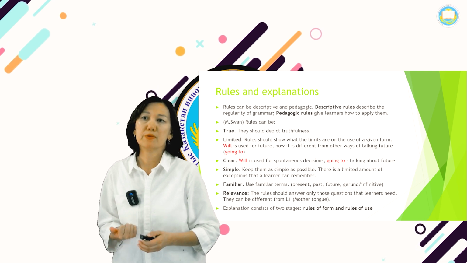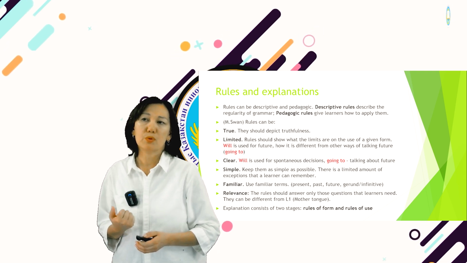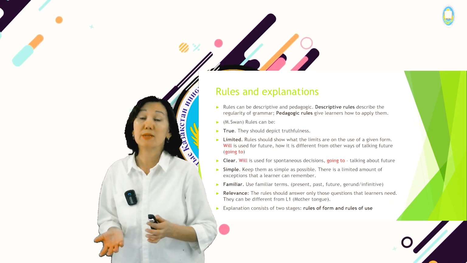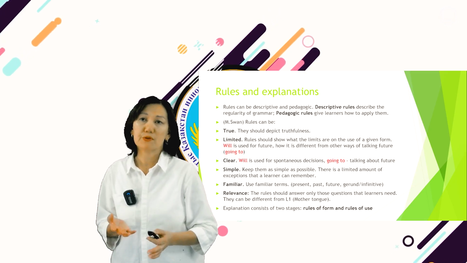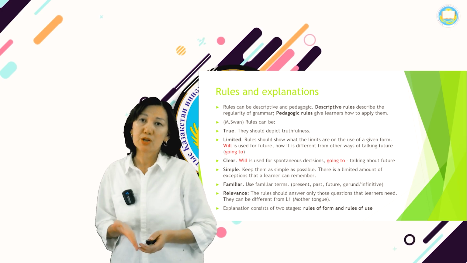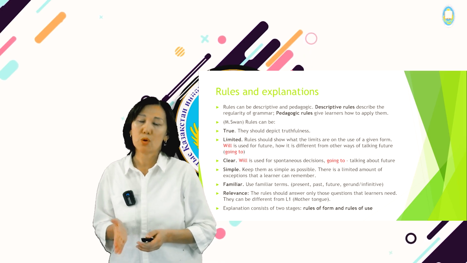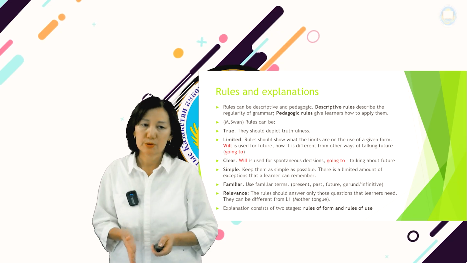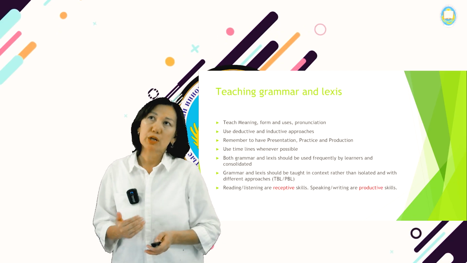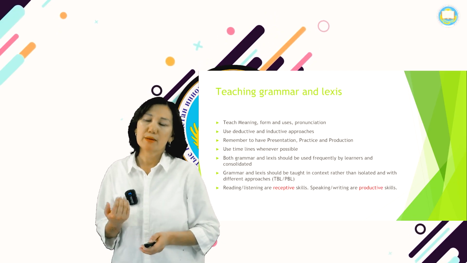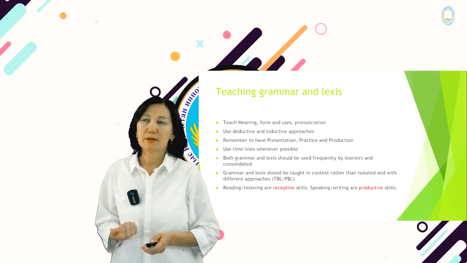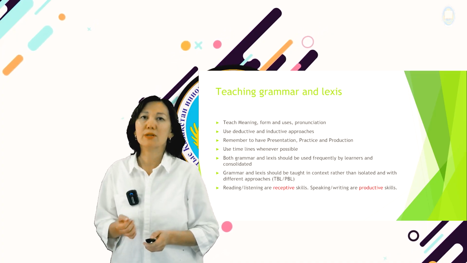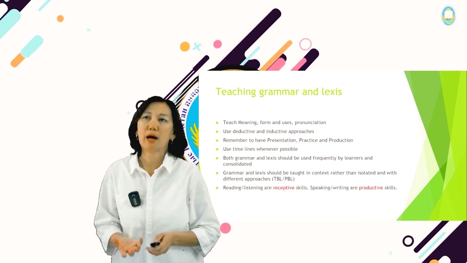For example, if you are teaching Kazakh language learners or Russian language learners, there are some differences you can find. Also, explanation consists of two stages: rules of form and rules of use. When you teach a language, whether it is grammar or lexis, meaning, form, use, and pronunciation are vital.